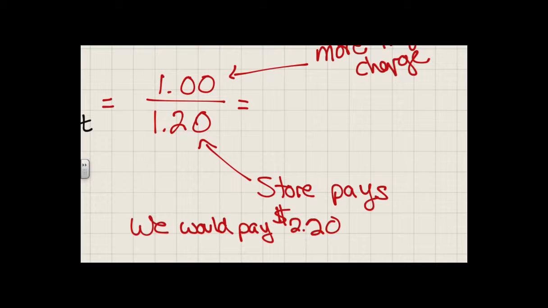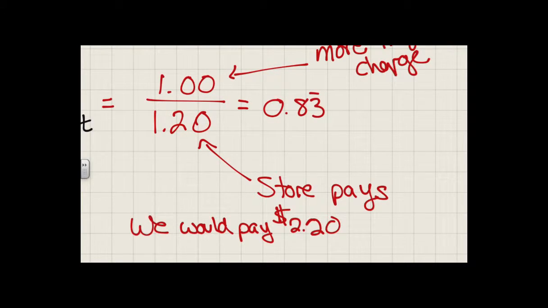In this particular case, we would take the 1 and divide it by the 1.2. What do we get as a decimal there? So it'd be 0.83 repeating.